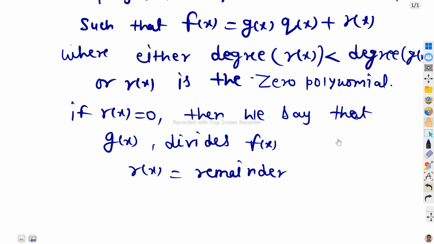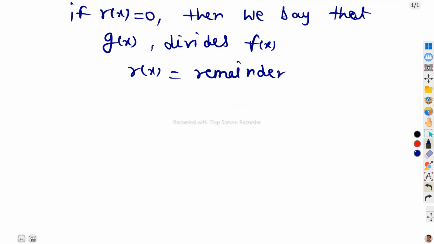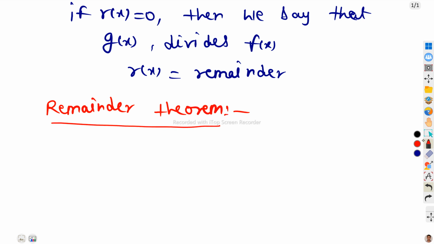Again, we state the remainder theorem. What is the remainder theorem? Given a polynomial f(x), when f(x) is divided by a linear polynomial x minus a, then the remainder is f(a).